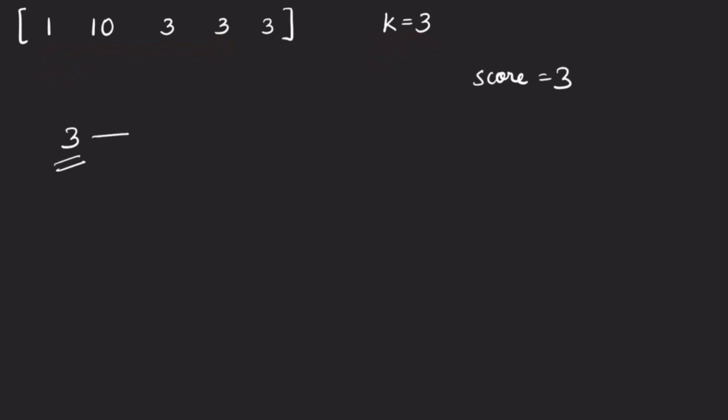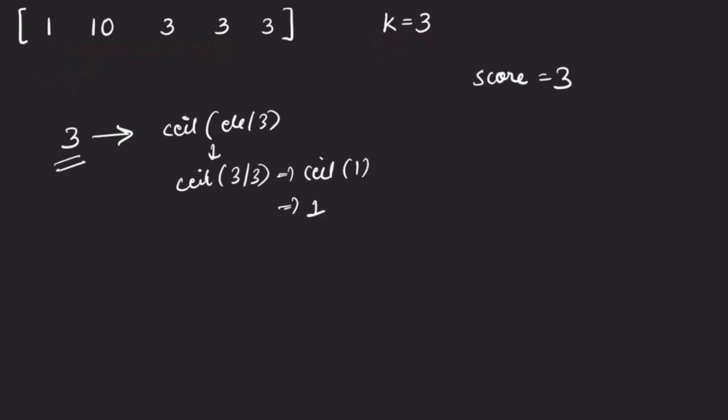Then you need to replace this element with ceil of element divided by 3, which in this case will be ceil of 3 by 3, that is ceil of 1, which will be 1.